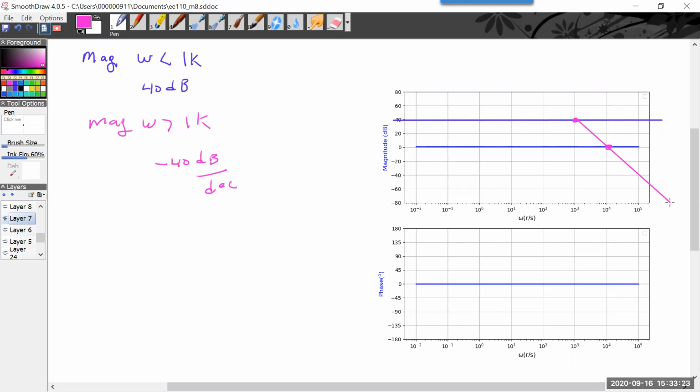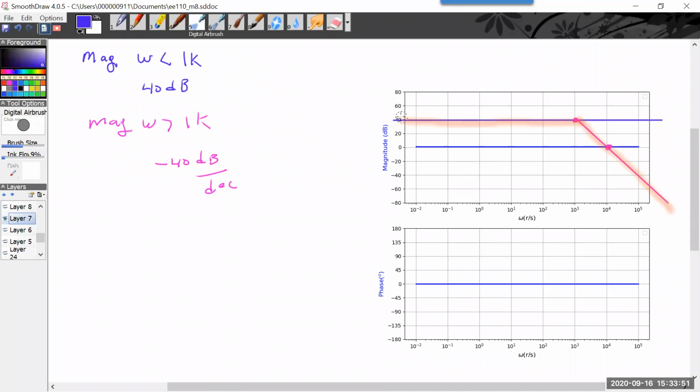Anyway, we go over 1 decade and we go down 40. We can highlight the important bit. Now, when you're sketching this on an exam, what do we really need to know?